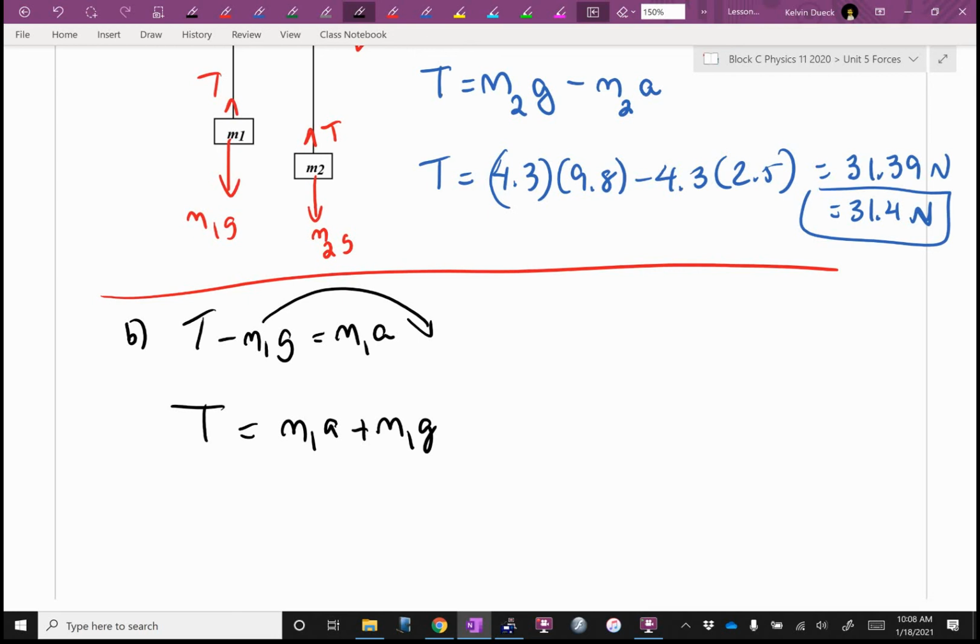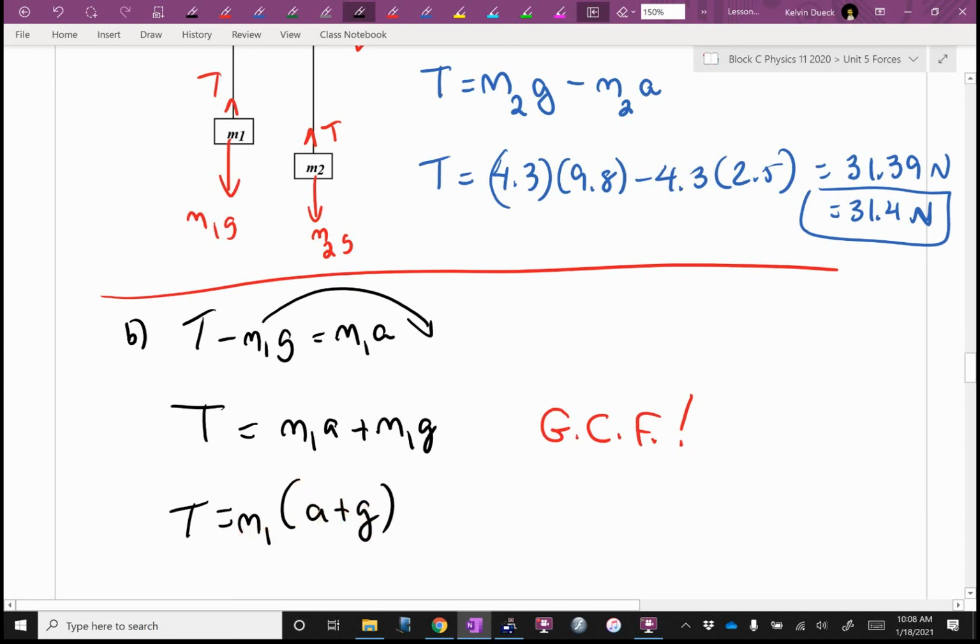You know, it'd be really cool if it was a Math 9 operation that I could pull out of my back pocket and change this from 2 M1s into 1 M1. Is there one? Yeah. No way. So you're saying I can write this as T equals factor in M1 out and I'll get A plus G in brackets?